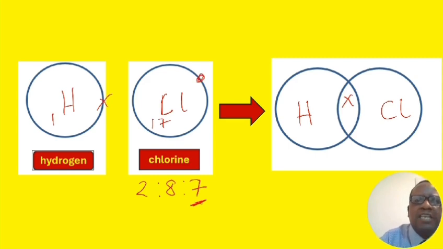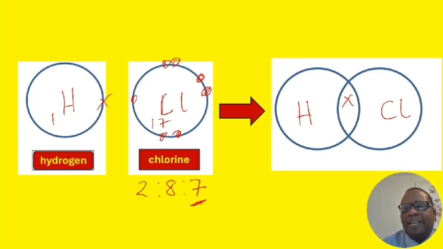Chlorine says, those are the 7 electrons. Chlorine also needs 1, so it will put its 1 electron in the sharing pool, and the other ones remain the same. There you go. That's hydrogen chloride. What you need is what you share.